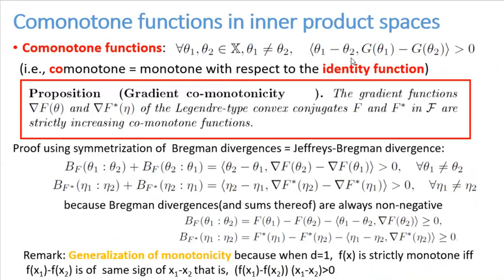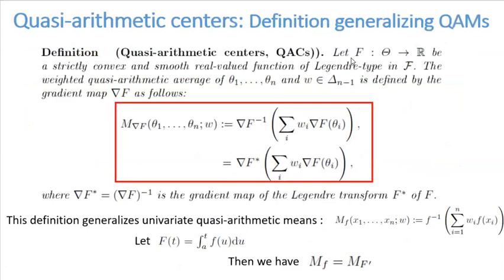The way you can prove it very easily in two lines is to write the symmetrization of the Bregman divergence, and you get this thing. Because this is positive, this is the condition for Nabla-F to be comonotone with the identity function. So the symmetrization of the Bregman divergence gives you a one-line proof of being comonotone here. And this is a generalization of the scalar case, giving the definition of a quasi-arithmetic center.